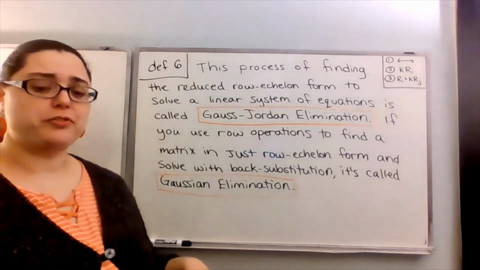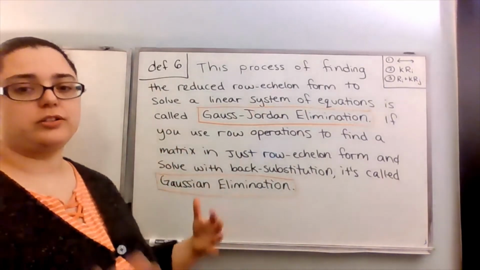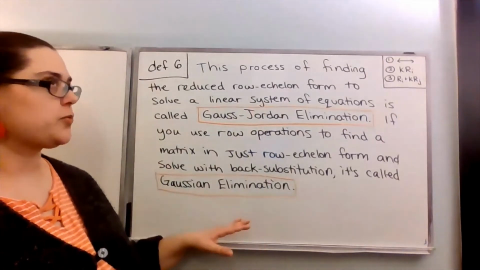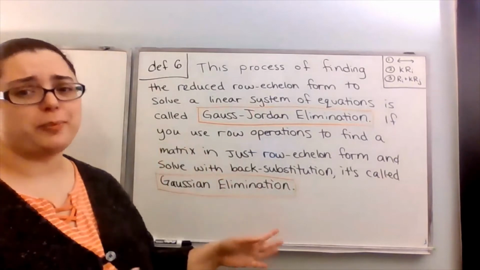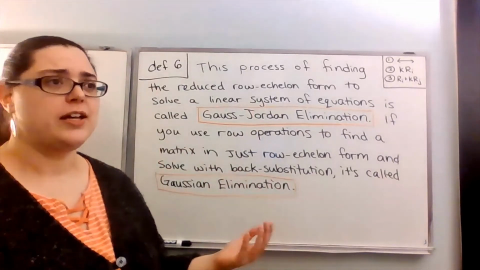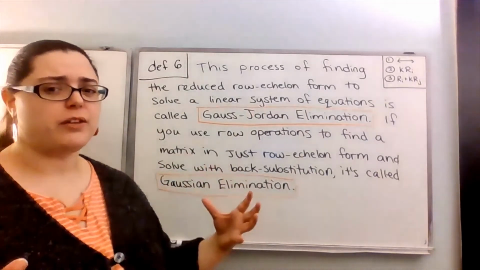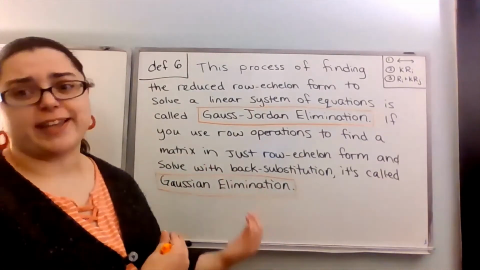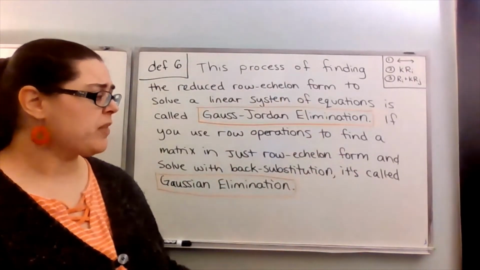As I alluded to before, this process is named after Carl Gauss. He is one of the most prolific and phenomenal mathematicians in the history of math. Like when you think about what Newton and Einstein did for physics, that was Gauss for math. His hands are like everywhere, especially in algebra.